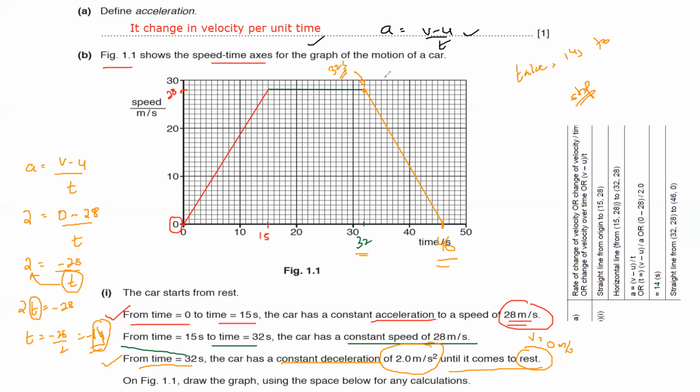So after 32 seconds, this car, which was moving with a speed of 28 meters per second, will take 14 extra seconds to stop. So 32 plus 14 extra seconds. So at which moment or time will it stop completely? It will stop completely at 46 seconds. That's why we draw a line at 46 seconds where the speed is 0. Is it clear?